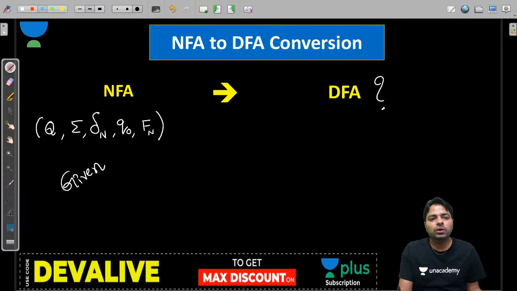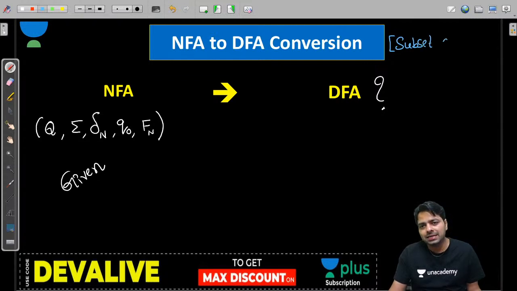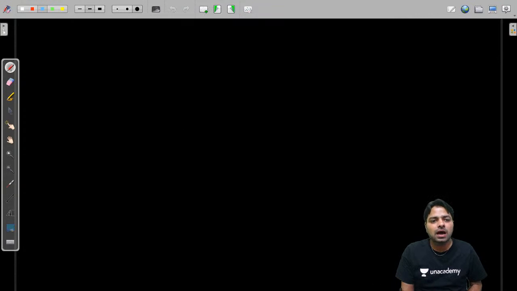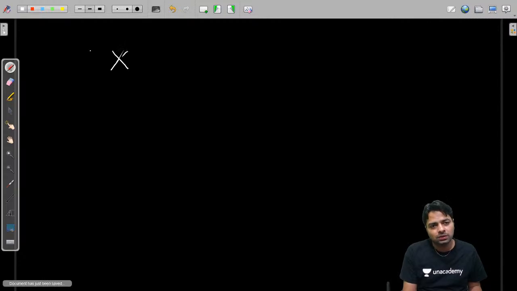What we do here, this algorithm is called subset construction. I'm going to construct using subset knowledge. And guys, you must know what a subset is, and most people may or may not be aware. Suppose I have X equal to {A, B, C}.